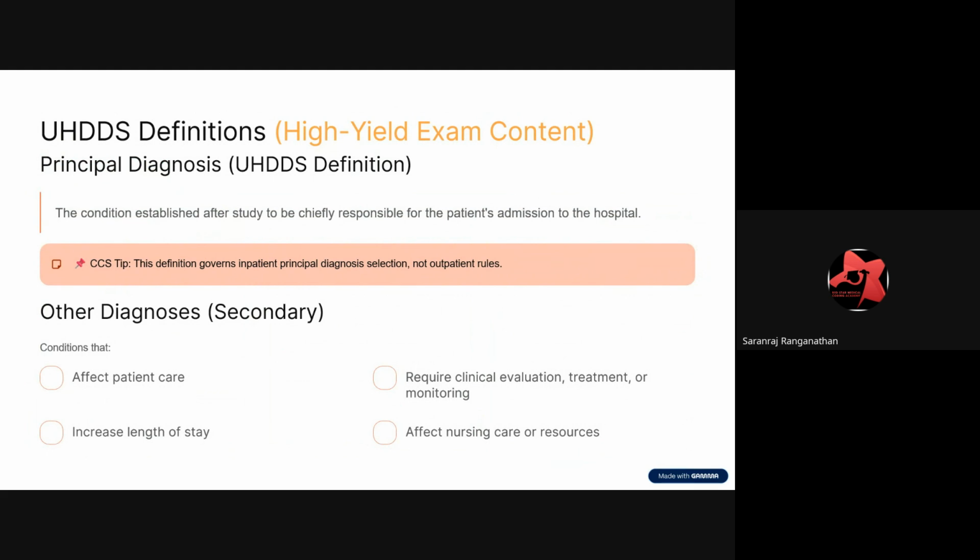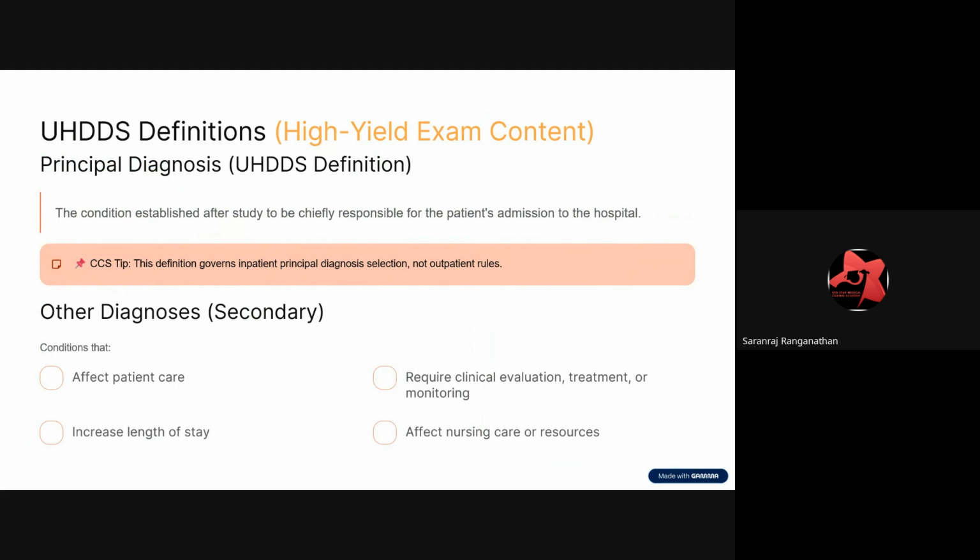After the hospital admission and the principal diagnosis, any other conditions affecting the patient or making the patient stay longer, or needing further diagnosis, treatment, observation, or monitoring, or affecting nursing care or other resources. All these conditions together qualify as a secondary diagnosis as per the UHDDS.